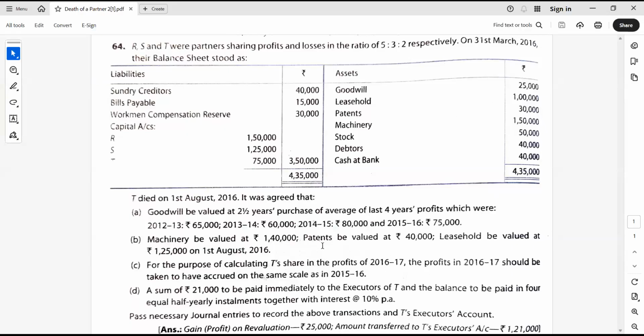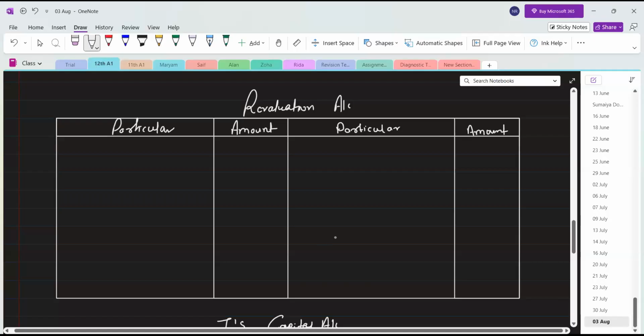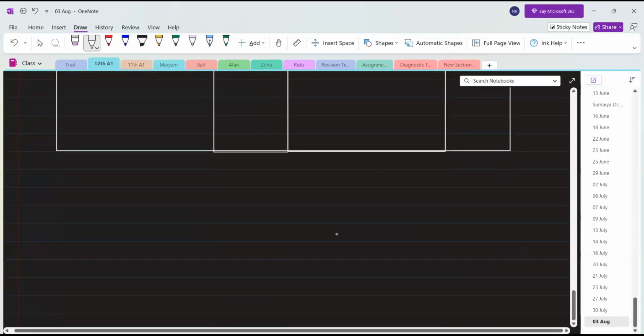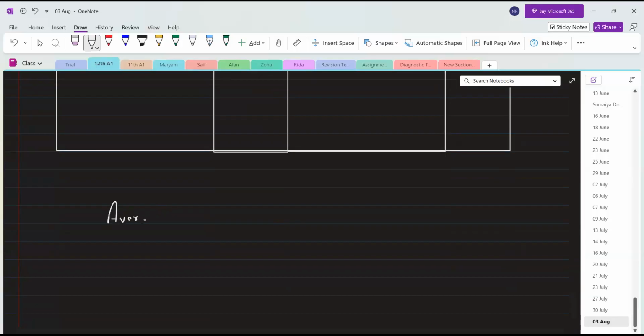The first one is goodwill to be valued at 2.5 years purchase of last 4 years profit, 65, 60, 80, 75. So first we will calculate average profit.